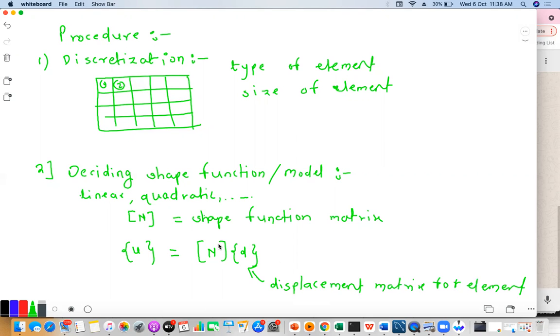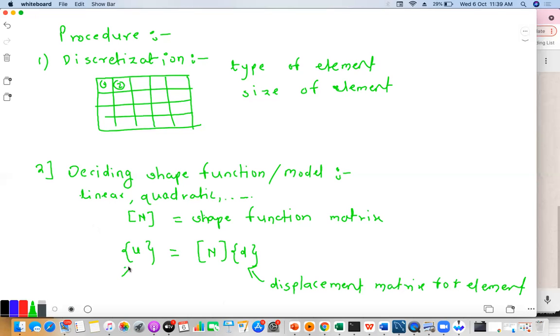With the help of shape functions, what I want to do is, generally, I have displacement at different nodes. Let us say this node, this node, and inside this element, I want to find the displacement. So our shape functions help us to find the unknowns inside the elements, right?